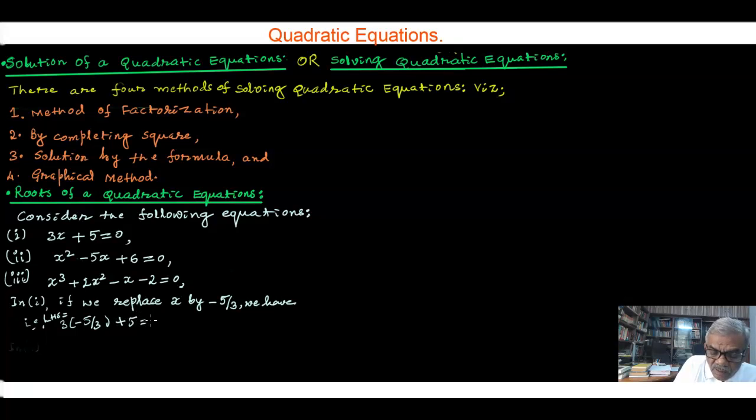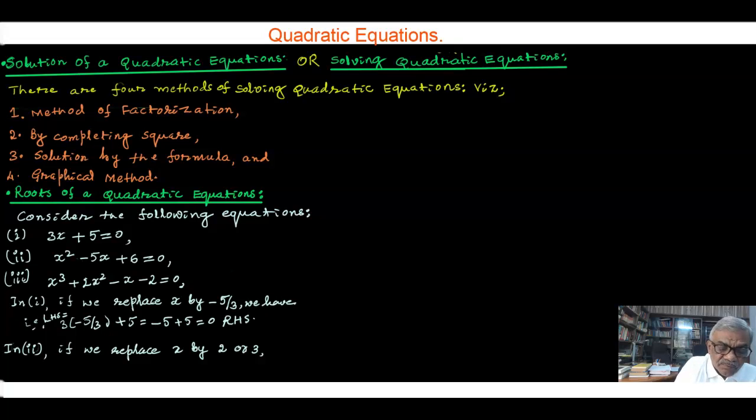The 3s are getting cancelled, so minus 5 plus 5 is equal to 0, that is the RHS. And therefore minus 5 by 3 satisfies the equation given in 1.